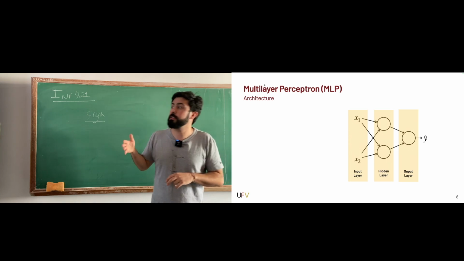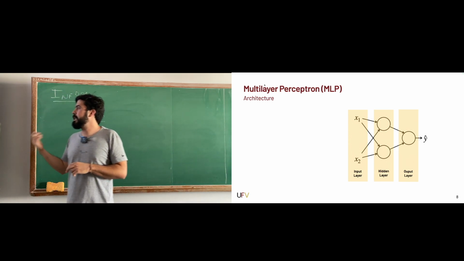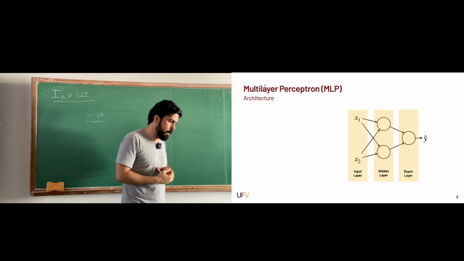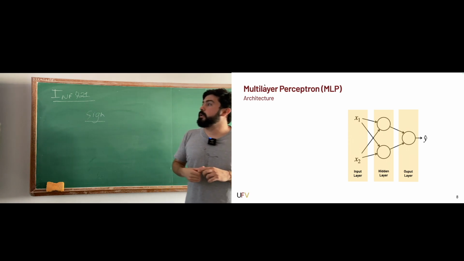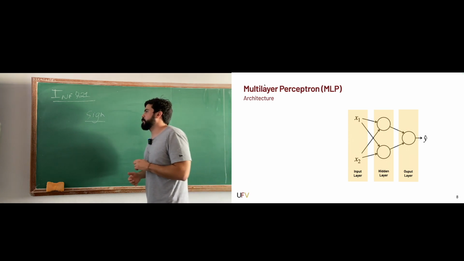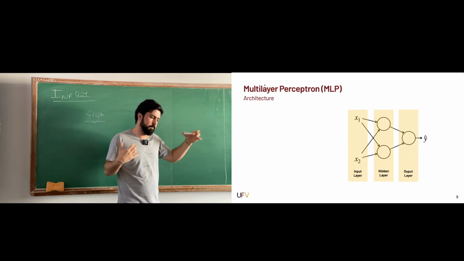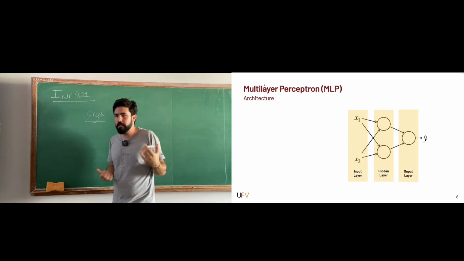It's just the input. The hidden layer is any layer that is in between the input layer and the output layer. We can have more than one hidden layer if you want. And the output layer is the final layer of your network that gives you a prediction that can be applied to a regression problem, or to a classification problem, binary or multi-class.